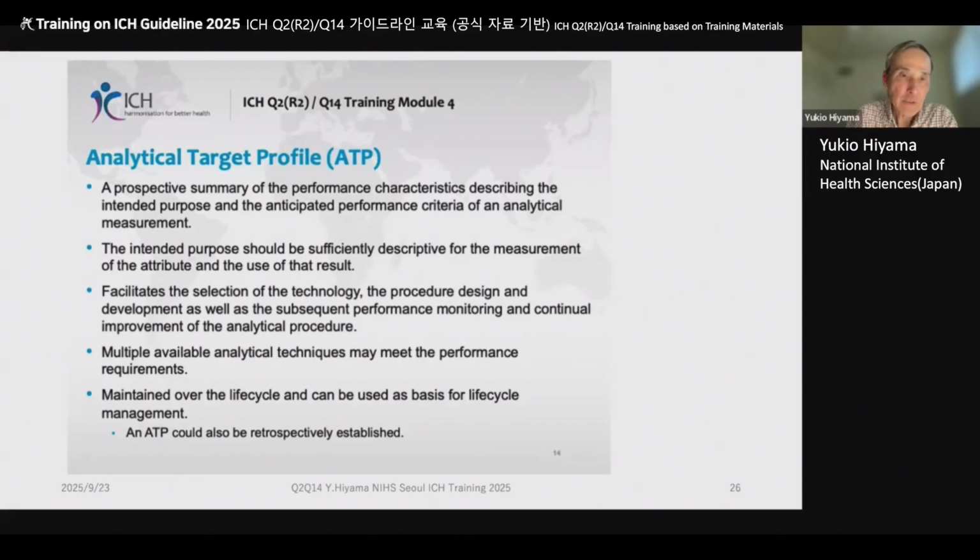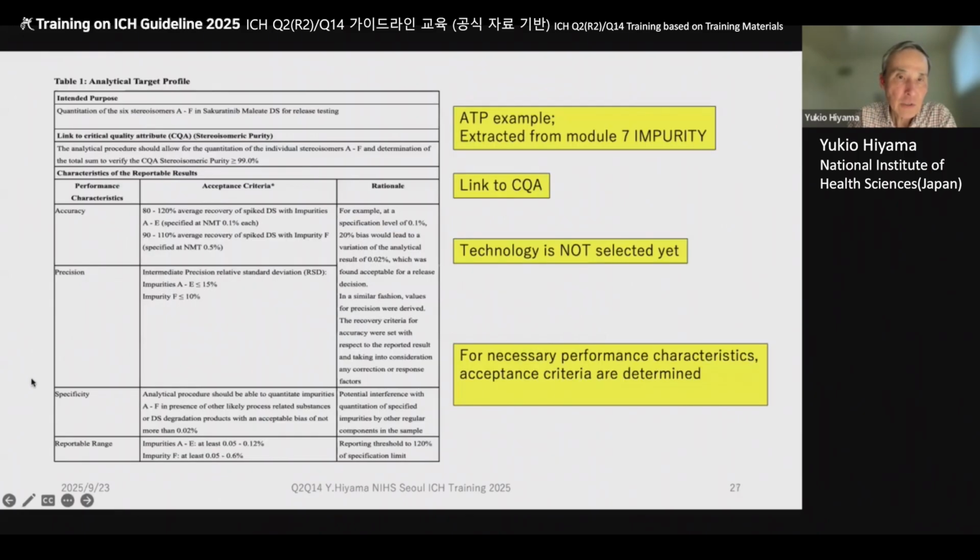The first bullet point is the definition, and the other description is the explanation about ATP. The next slide is extracted from the module 7 impurity case study. This is the ATP example.